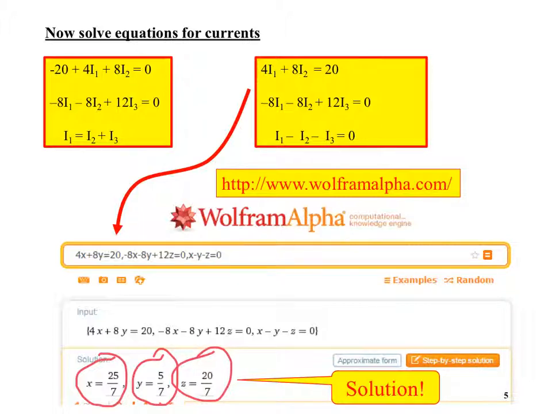So that's one way, and my focus in this course is not on whether you can solve systems of linear equations. That's not what makes a good engineer.